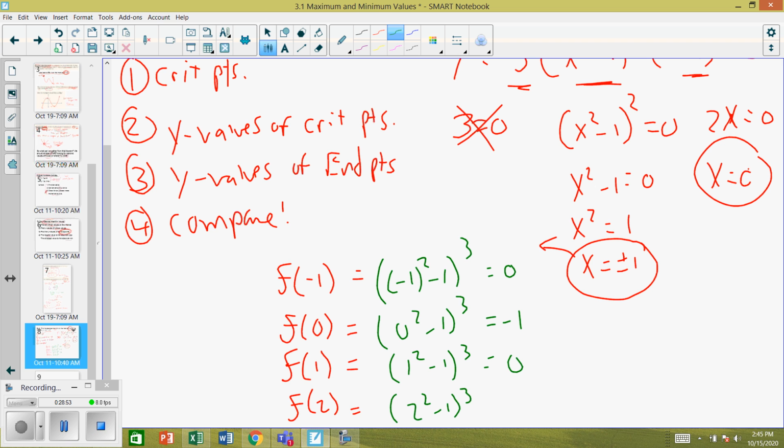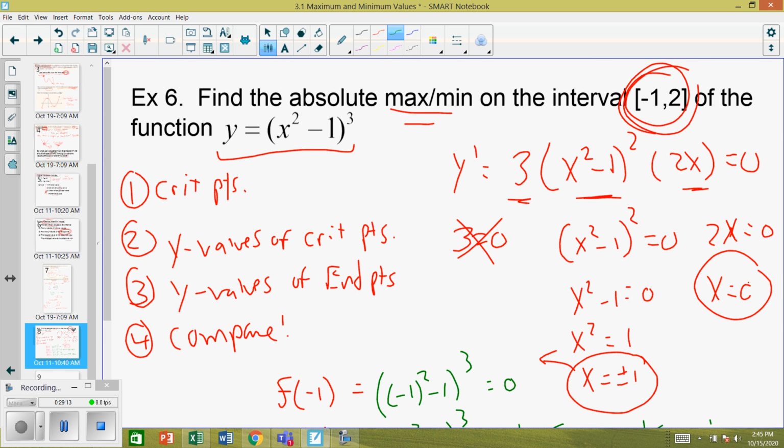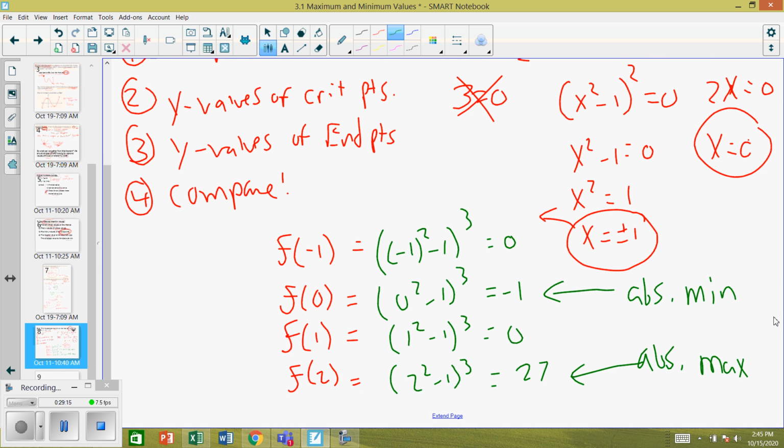This equals 0. And this equals 27. So comparing them together, this is my absolute maximum value, and this is my absolute minimum value. Without graphing it, without having to do any work with the calculator, I was able to identify my absolute max and my absolute min on this interval.